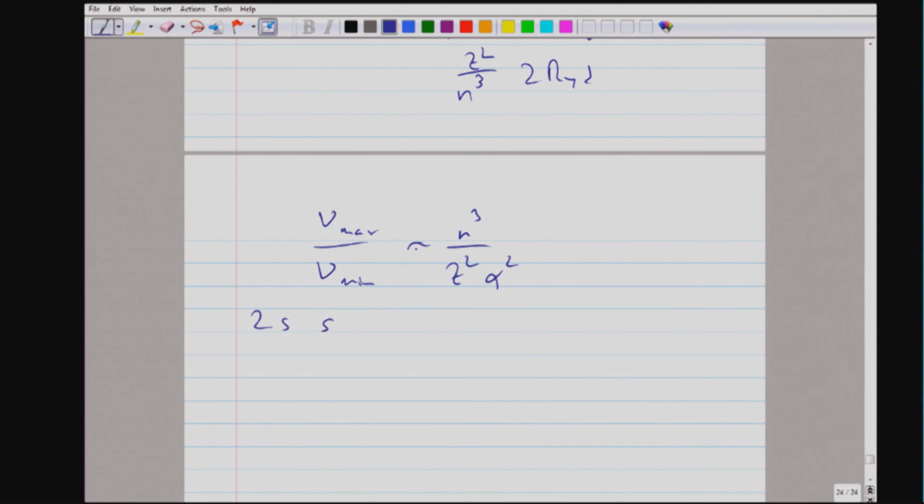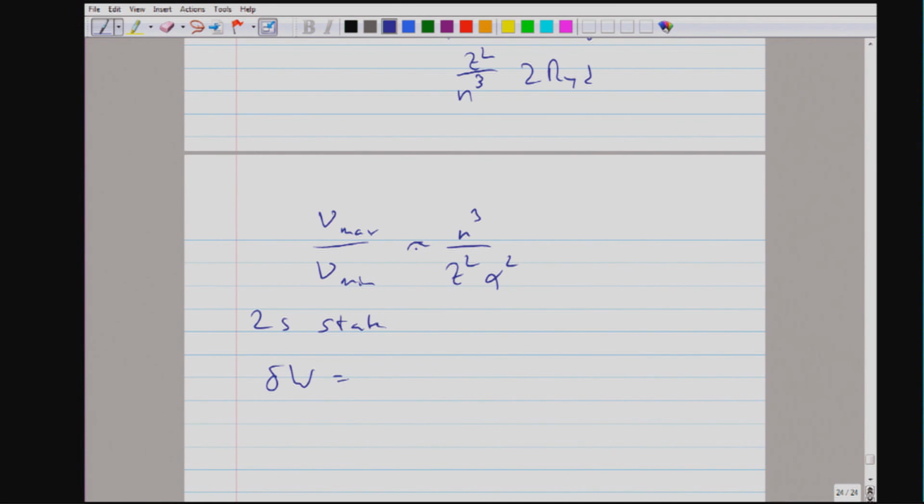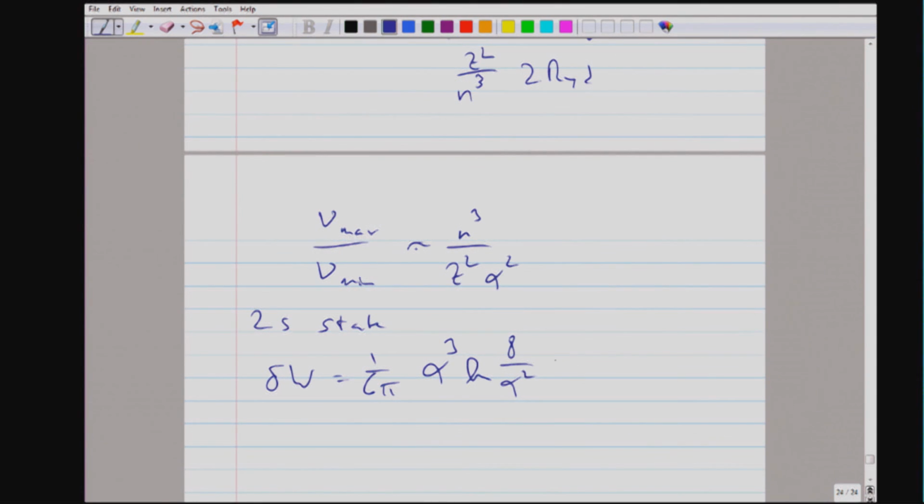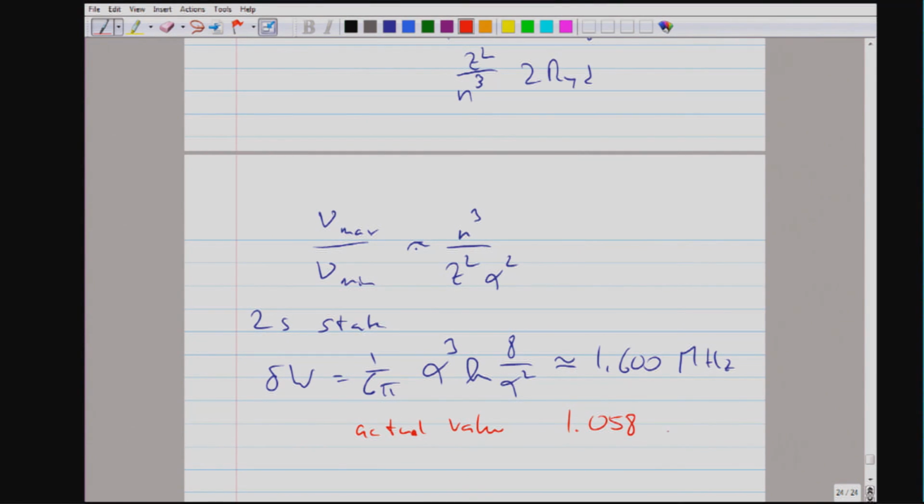If we apply it to the 2s state, where it's most important because the degeneracy between p1 half and p3 half is to be lifted, with the assumptions we have made the logarithm is 8 over alpha square, and from that we would have derived a Lamb shift of 1600 megahertz. Well, the exact value is 1058 megahertz.